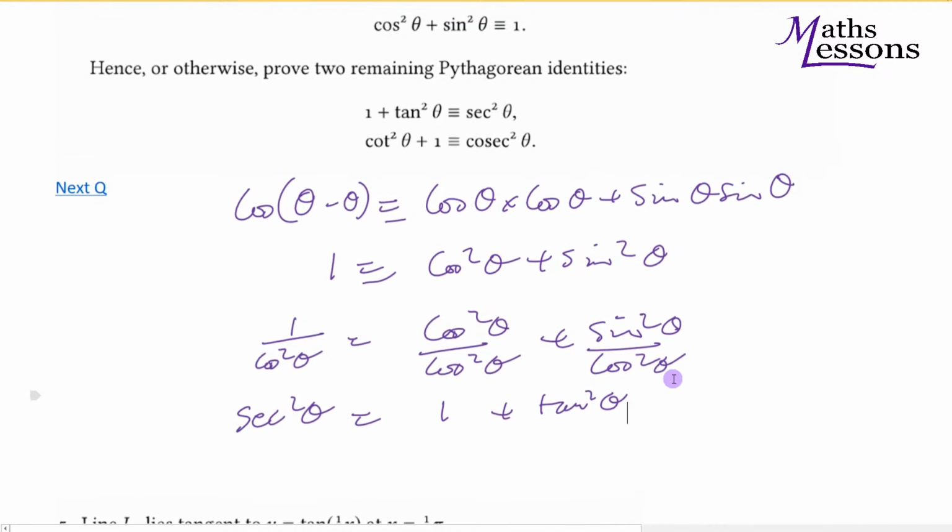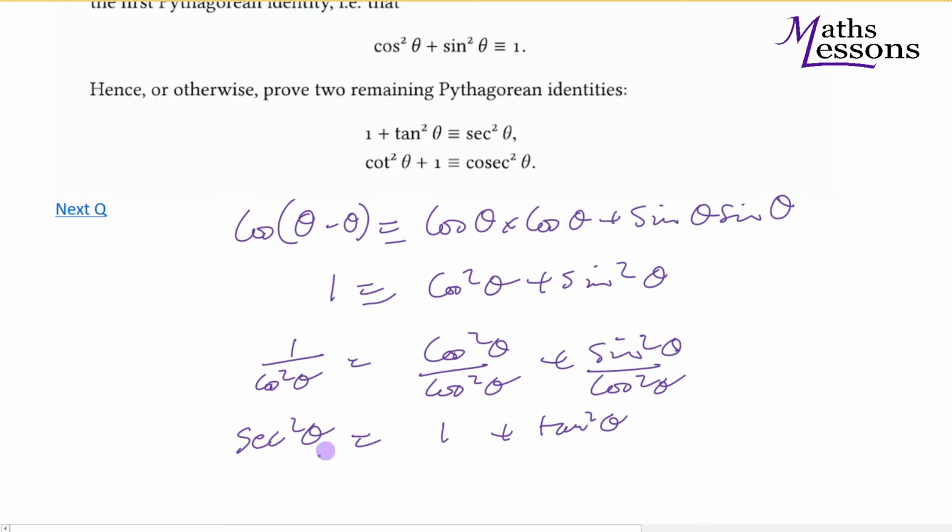And similarly, for the next bit, I'm just going to divide everything by sine squared theta. So I get 1 over sine squared theta equals cos squared theta over sine squared theta plus sine squared theta over sine squared theta.